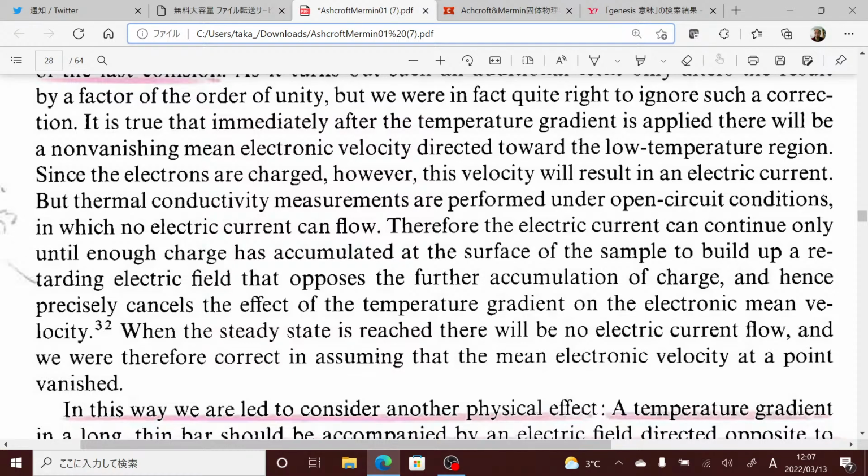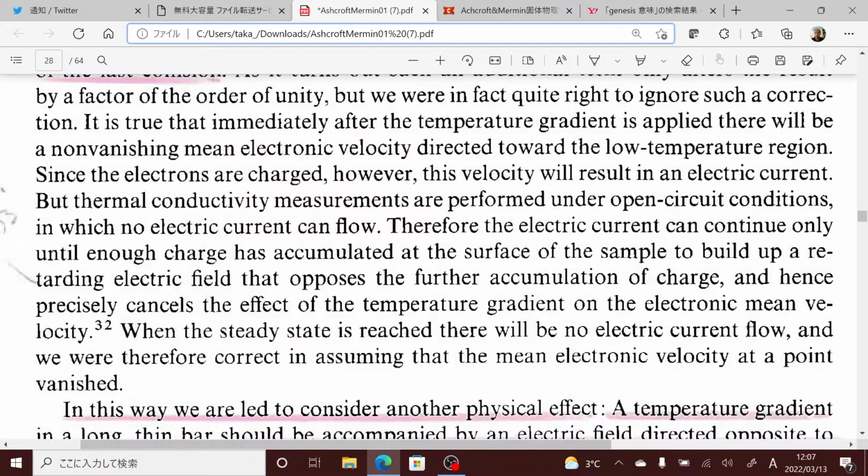Thermal conductivity measurements are performed under open circuit conditions in which no electric current can flow.